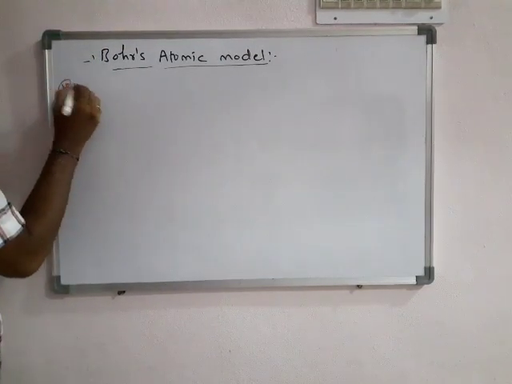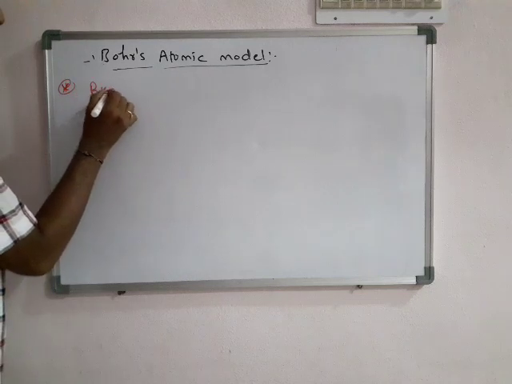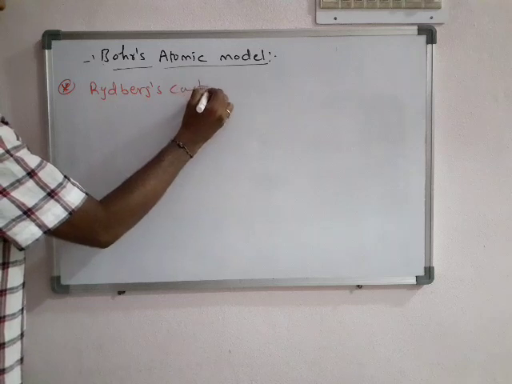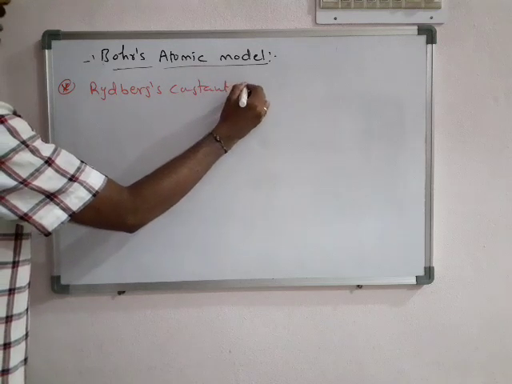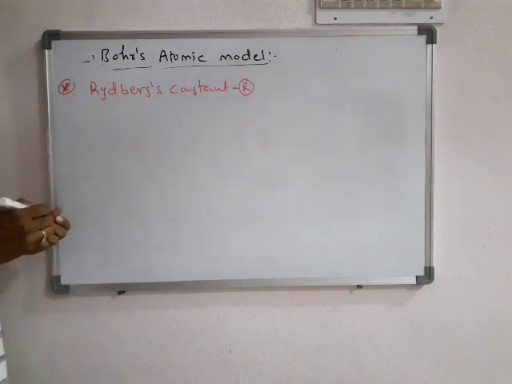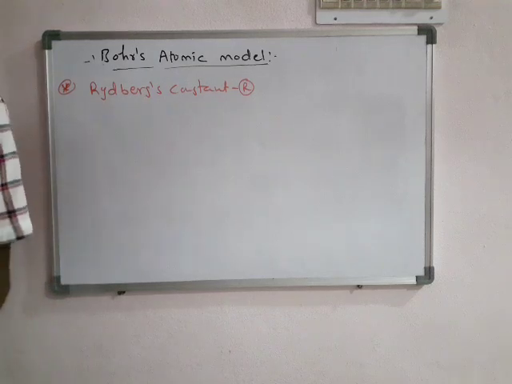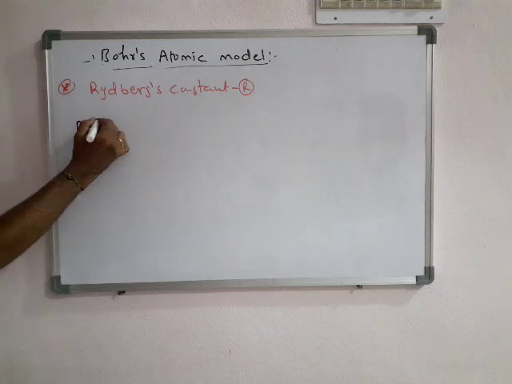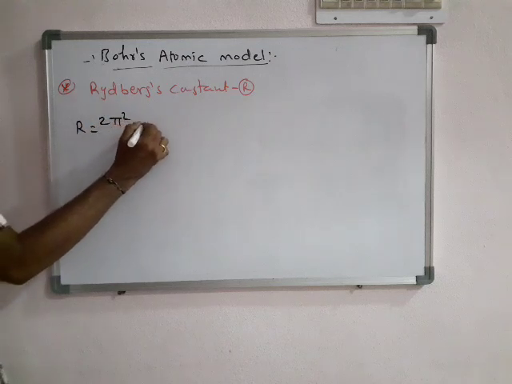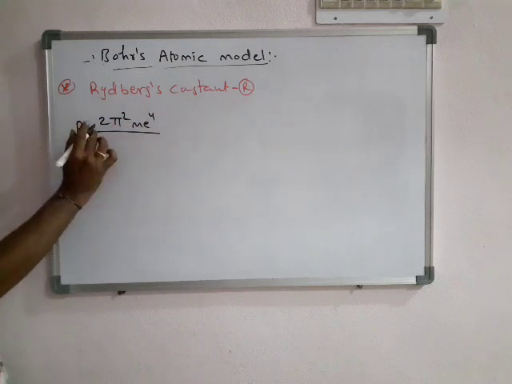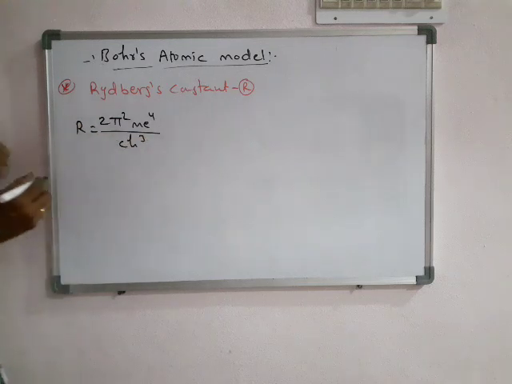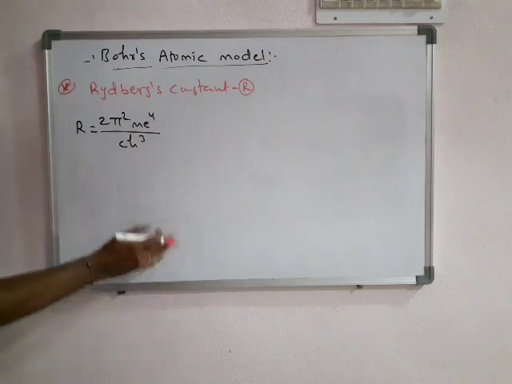He also gave an expression for Rydberg constant R. Okay, so he gave that equation: R equal to 2 pi square m e power 4 by c h cube. It is totally different from all the equations we just saw.